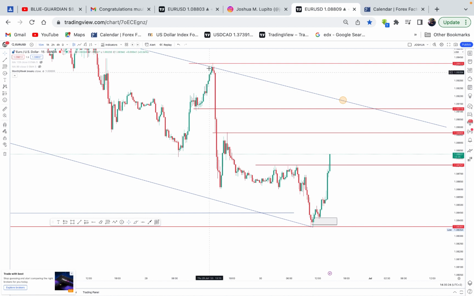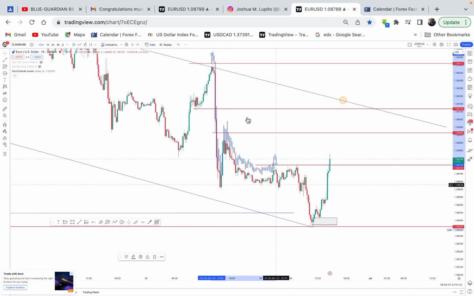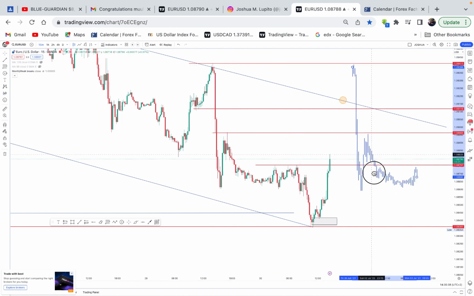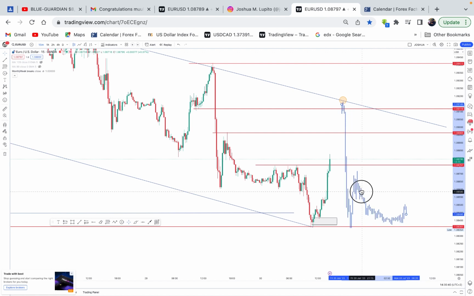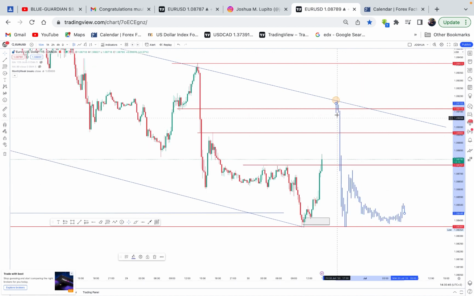So past events or past actions, as price action traders, we believe they repeat itself. So we expect the market to repeat itself once it approaches this particular point. So we're likely to have this, not exactly this type of move, but what we're anticipating for here is to see selling opportunity once the market touches this point.